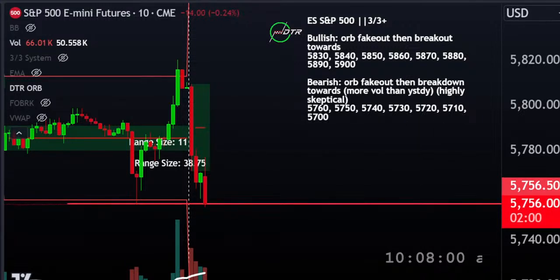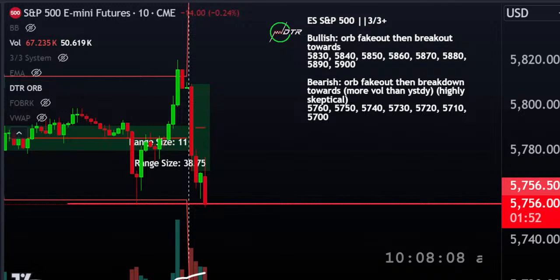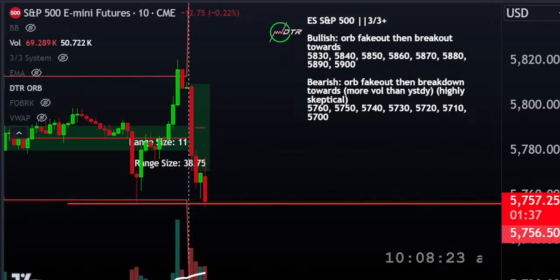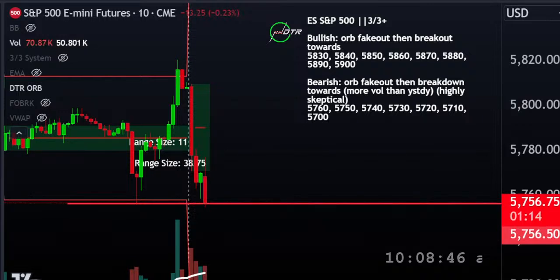So let's see, 2 minutes to go. We need to see this volume get increasing, but it's close. So we do have increasing volume, but we want to see it hold under that red line.